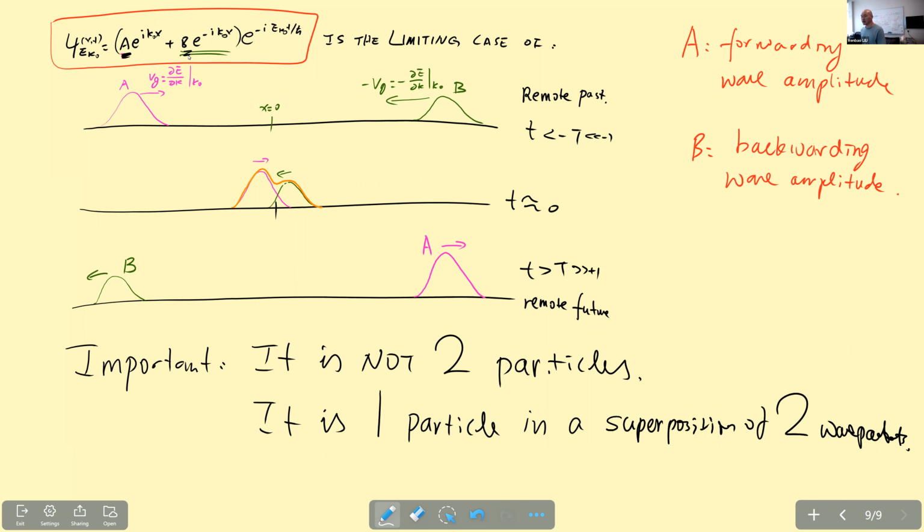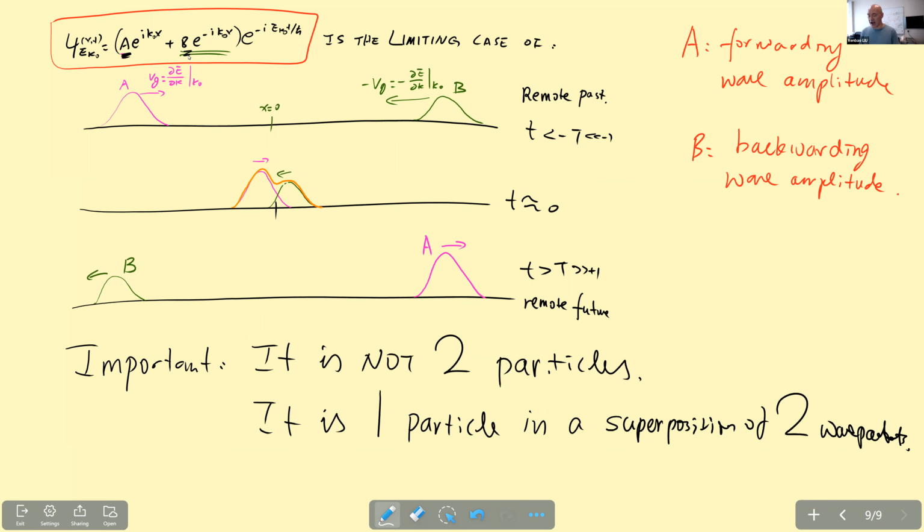So this is the physical meaning of scattering states, of eigenstates in the continuum. If you have an eigenstate in the continuum, this positive K component represents a wave propagating from left to the right, and the negative K component corresponds to the wave packet propagating from right to the left.